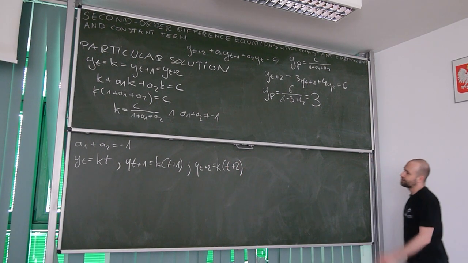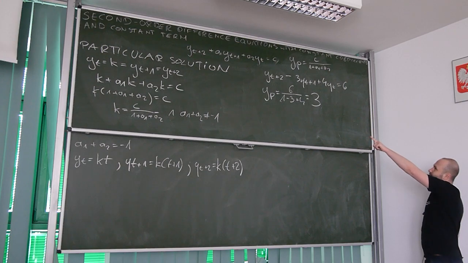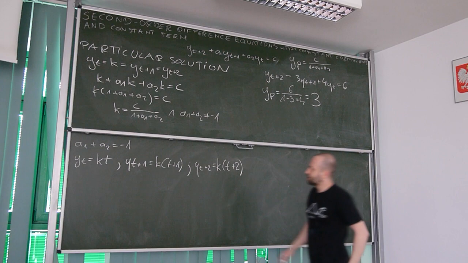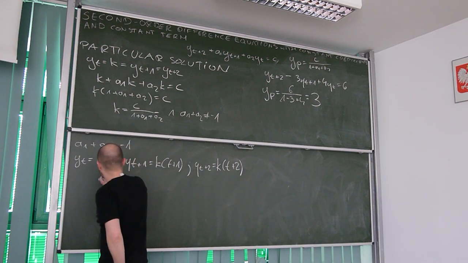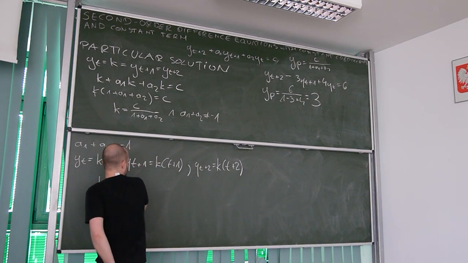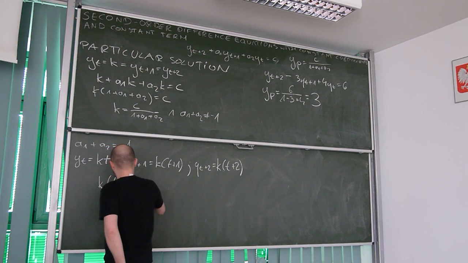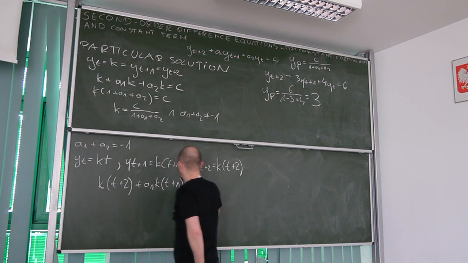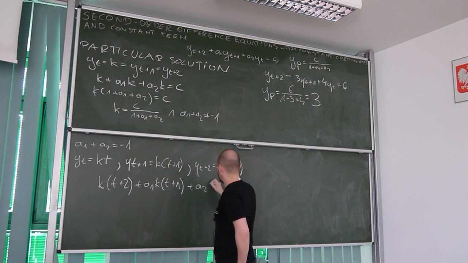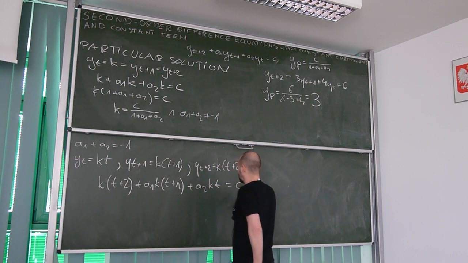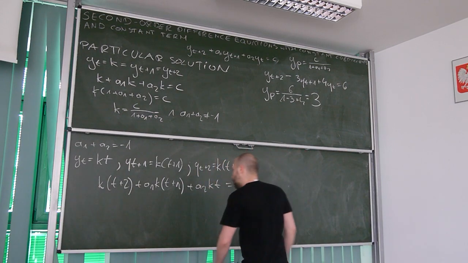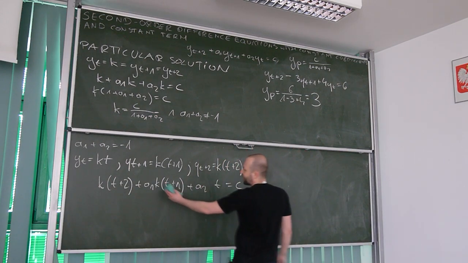Now, what we do is substitute all those into the equation, and we get k(t+2) + a1 k(t+1) + a2 kt = c. And look, we can right away notice that all of these expressions have k.